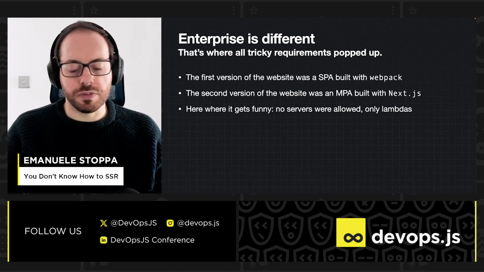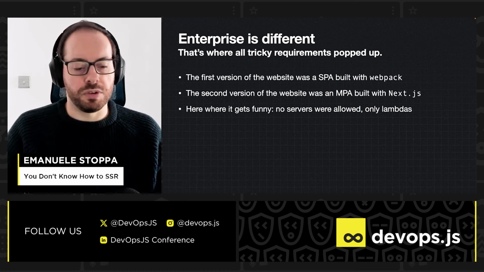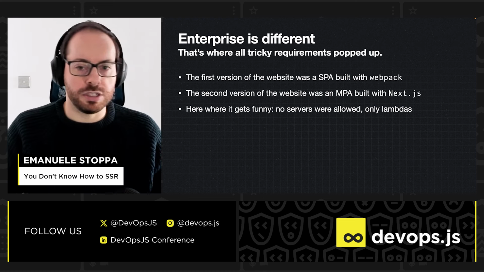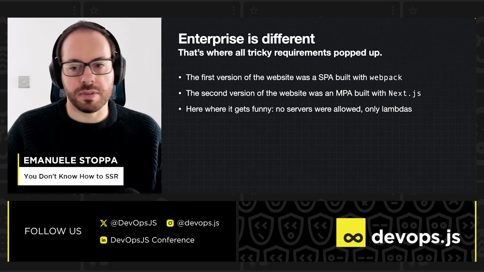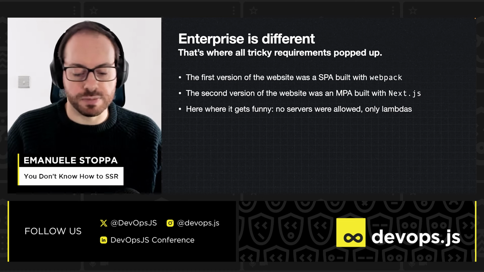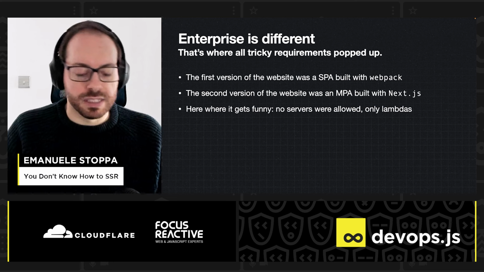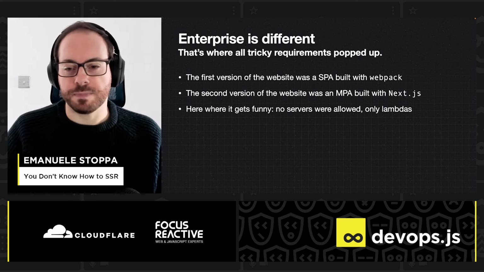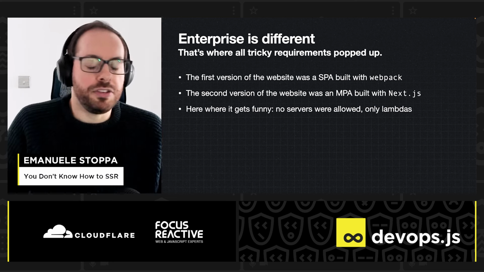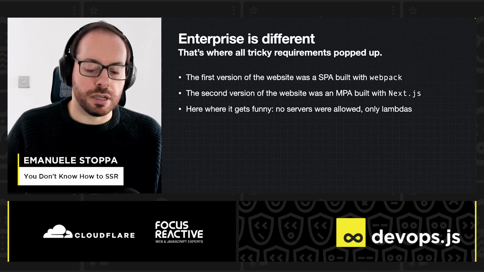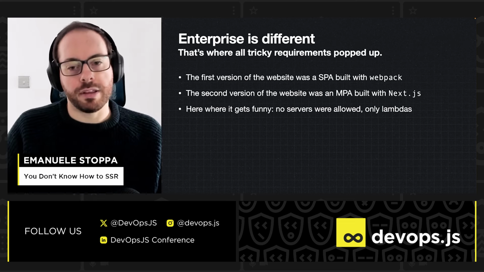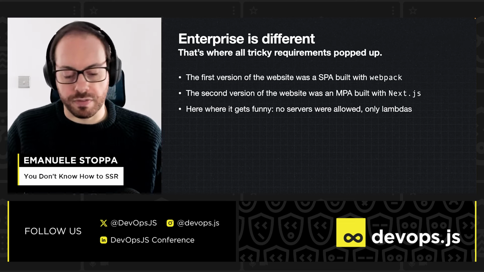The initial version of the website was a SPA, so we had an HTML page with static JavaScript, and a create React app. So it was a fork of create React app, but the SEO of the website was negatively penalized, so we had to do something.